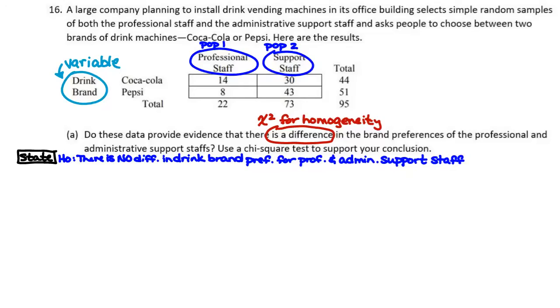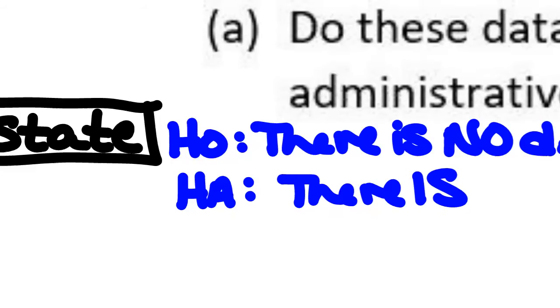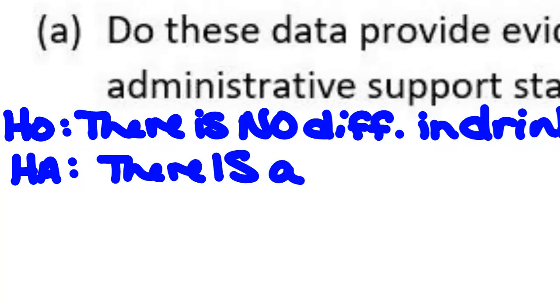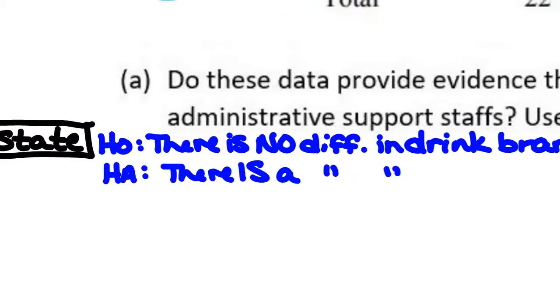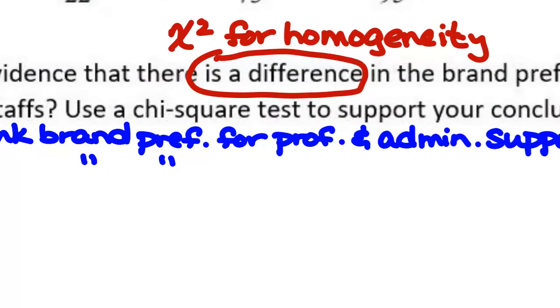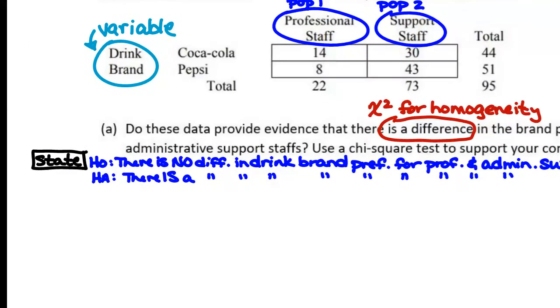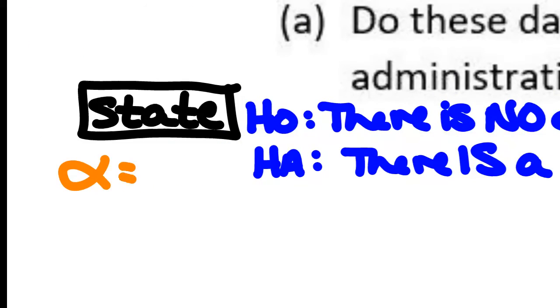And so my Ha would be that there is a difference. Alpha level, 0.05.